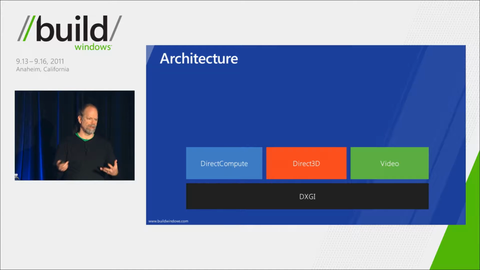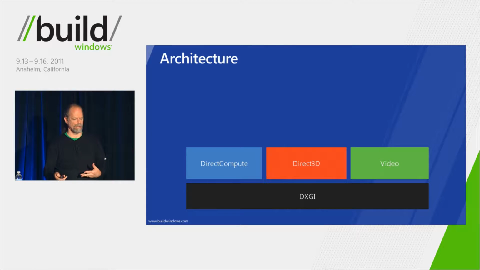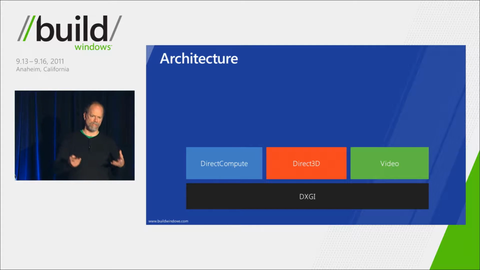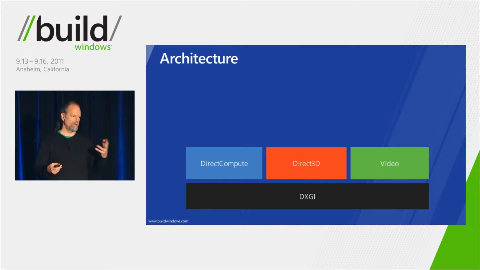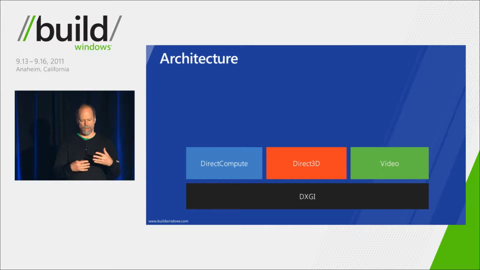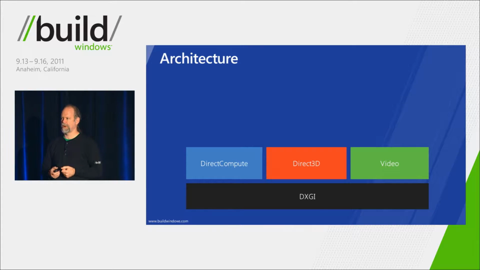In Windows 8, we've added some video functionality that is now integrated with Direct3D, and they all share the same underlying data representation and actual memory pool structures, so that you can have something like a video chip decode a video stream into a DXGI region, or memory surface we call it, and then have direct compute perform some calculation on that, and then Direct3D display it wrapped onto a sphere, say. So the plumbing work of making all these pieces interoperate has improved a lot.